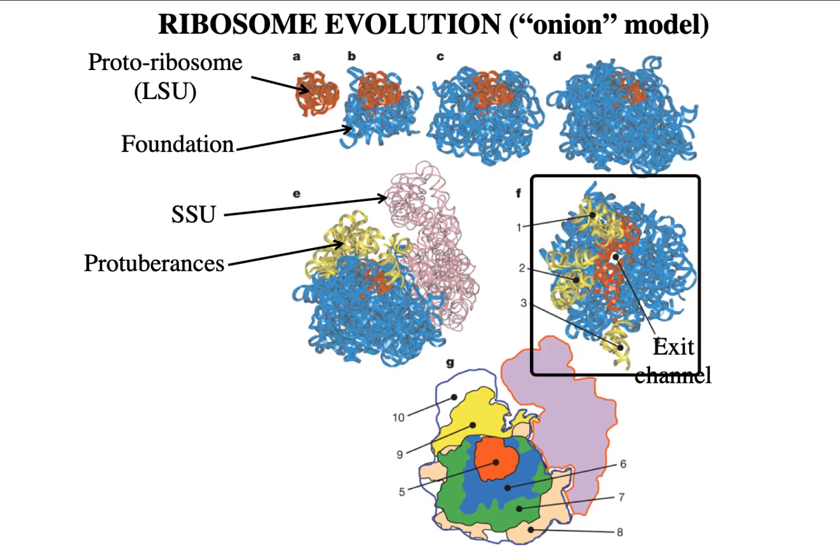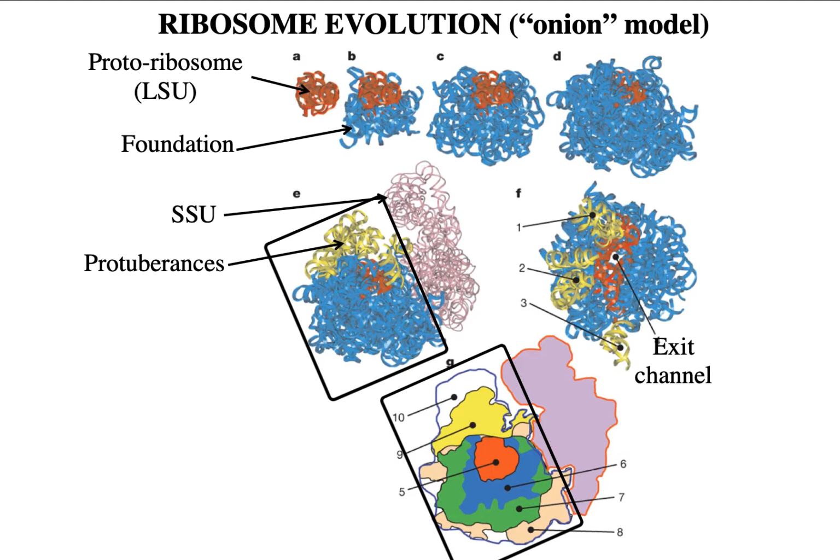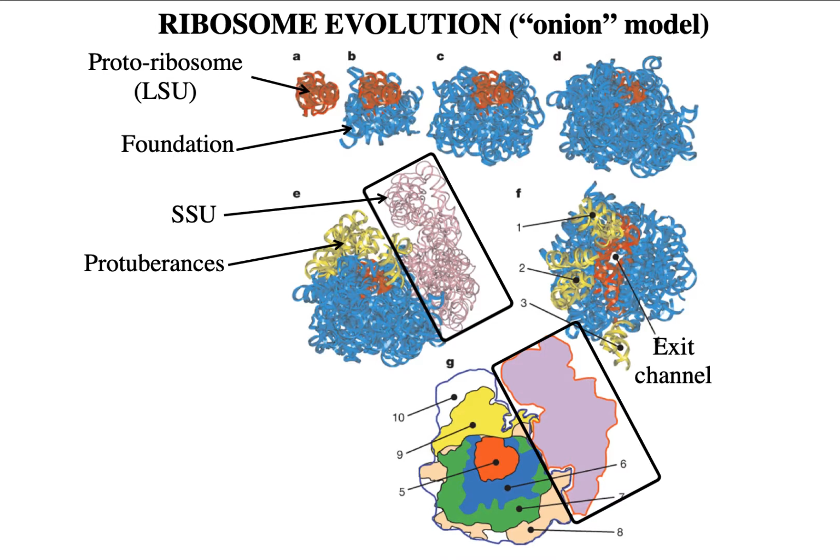So on the left-hand side, these are the different parts that were added on during evolution of the ribosome, and the other part there is the small subunit, and no detail is shown for that one.